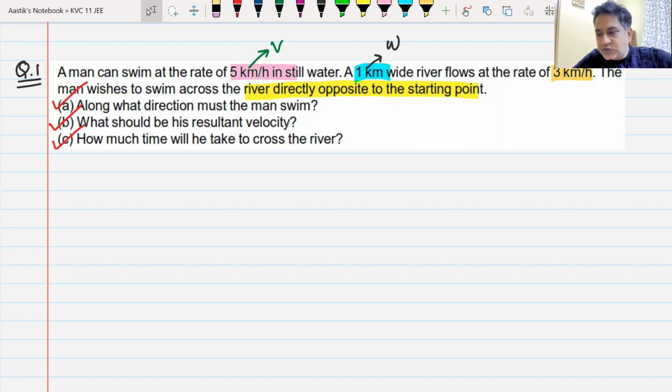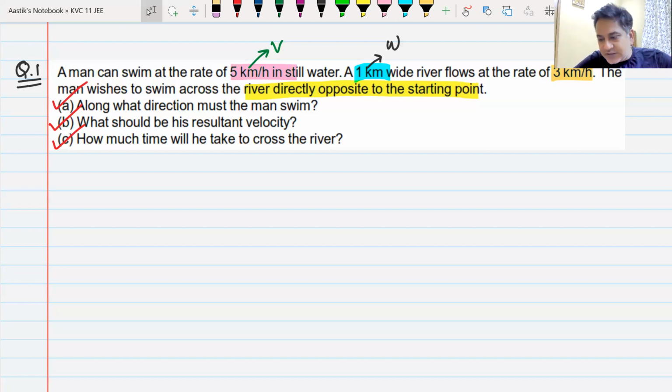The man wishes to swim across the river directly opposite to the starting point. The first question is, in what direction he must swim? What would be his resultant velocity? When someone says resultant velocity, that is the velocity of man with respect to ground. How much time will it take to cross the river?